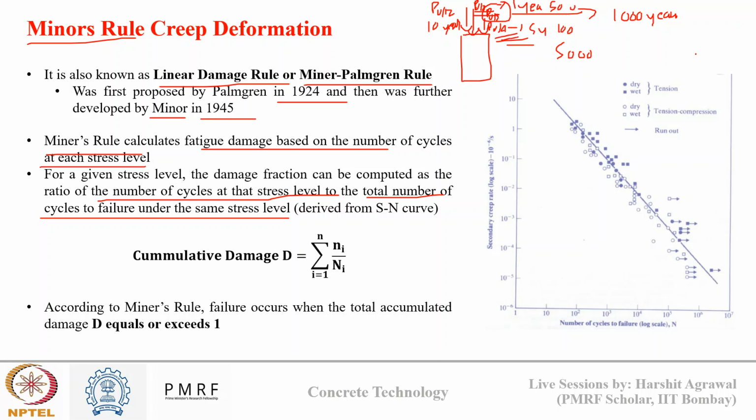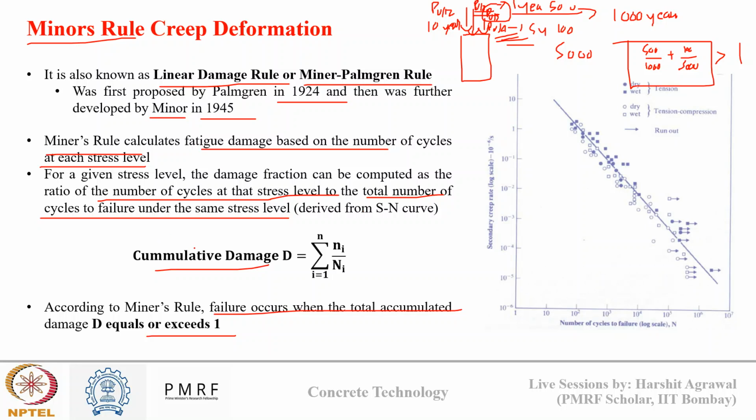So my cumulative damage will be nothing but 500 upon 1000 for PU by 3 plus 100 upon 5000 for PU by 9. This is my cumulative damage. If this value is greater than 1, then we say it will cause failure of concrete. If it is less than 1, then we say that creep failure has not occurred yet. So this is known as Miner's rule.